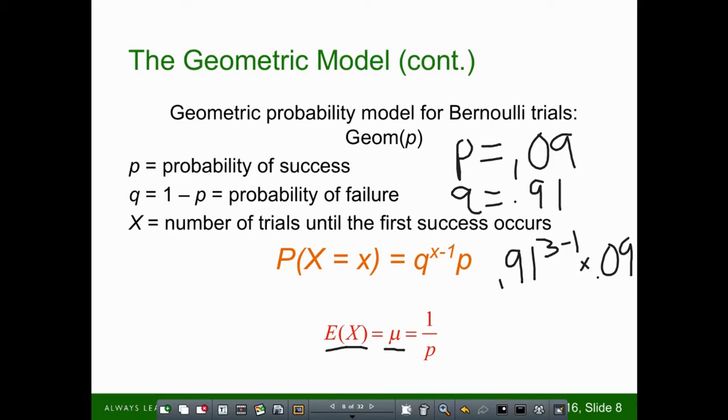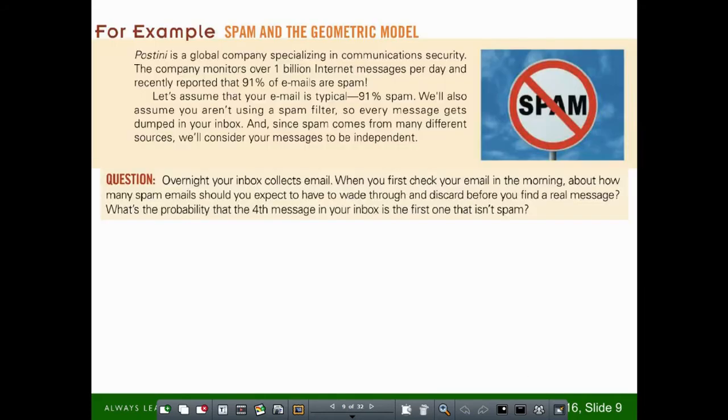So in this case, that would just be 1 over 0.09, which is actually extremely easy to find. So if we want to know how many we should expect to have to open before we find a useful one, then there it is. It's just 1 over p, and it gives us the answer. And again, we're going to do that in a hot second on our actual example question.